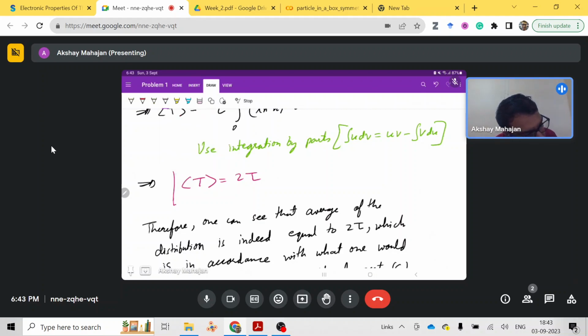That is what we get from part C as well. So that contradiction, that paradox, is solved now.